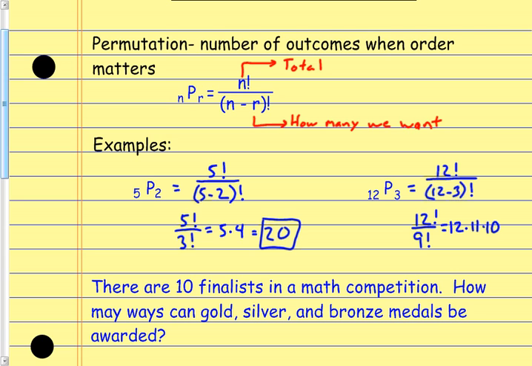You can just plug that into your calculator, and it gives you 1,320. So that means if I have 12 things and I'm going to pick 3 of them to line up, there are 1,320 different ways that I can line up those 3 things based on how many I have to choose from.